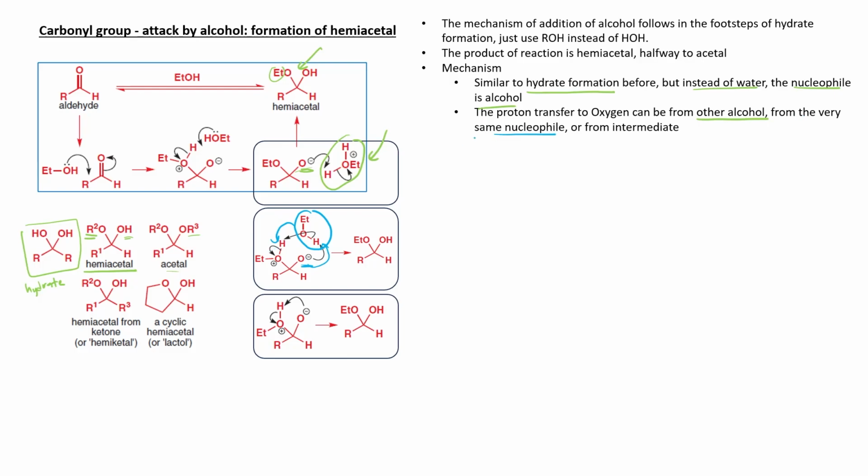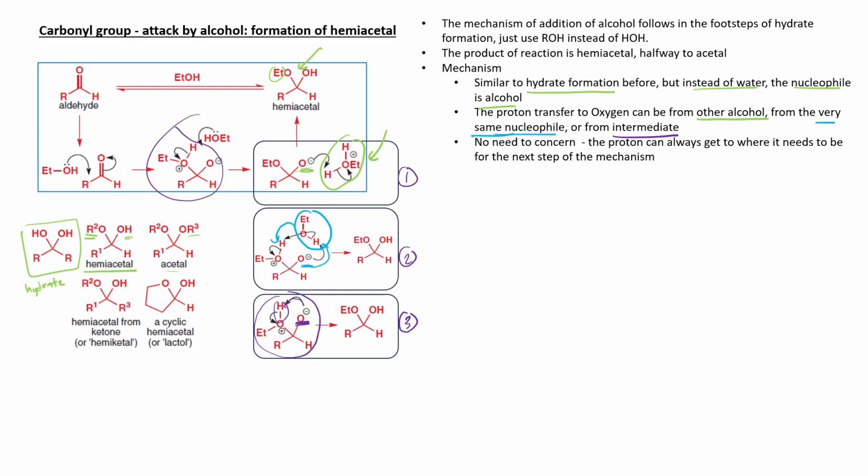So that's what I mean by the very same nucleophile. Or it can also take from the intermediate, the one that is produced in between. So this oxyanion can take the hydrogen from this also. So there are three ways: from another ethanol, from the very nucleophile that attacked, and third, from the intermediate itself.